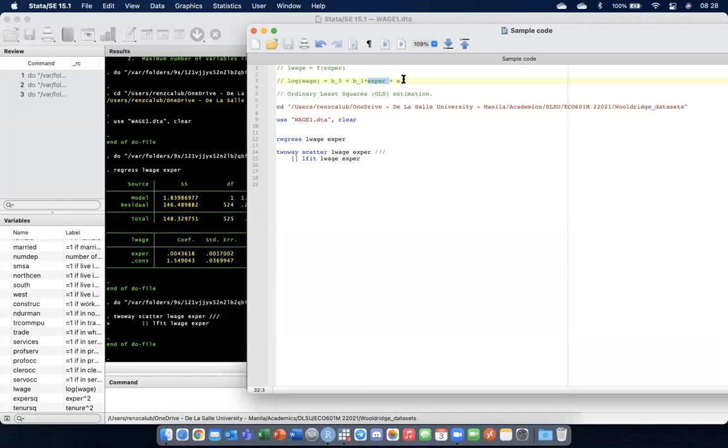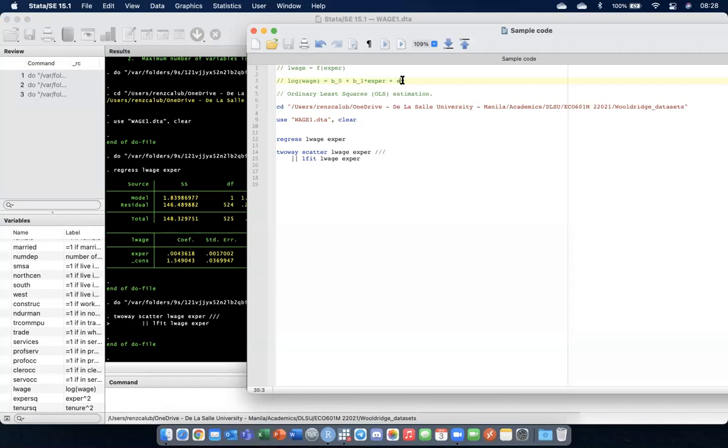If this assumption is violated, then the effect of experience, or beta 1, will capture not only the effect of experience, but also the correlation of experience with all the other unobserved factors that are embedded in the error term E. Now take note that the error term captures everything else, all of those unobserved factors that could affect wage, other than experience.